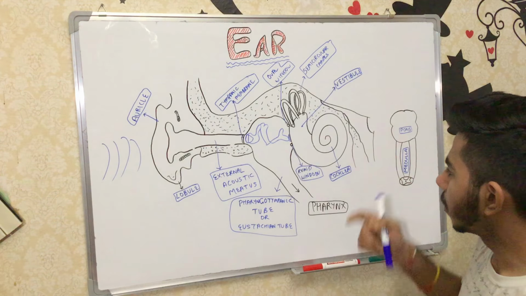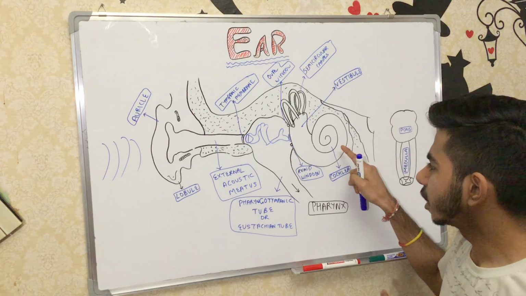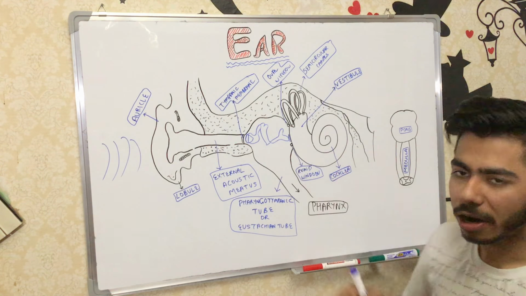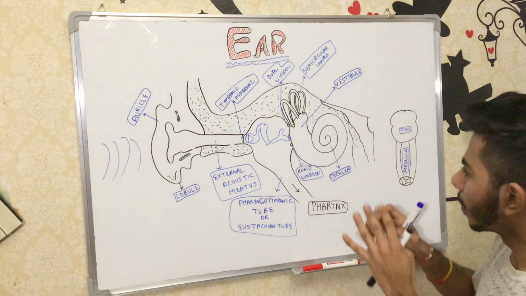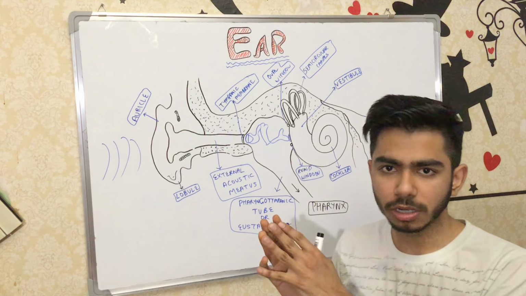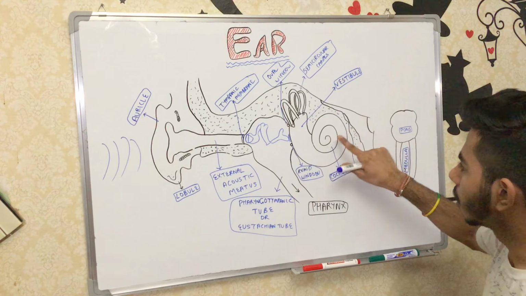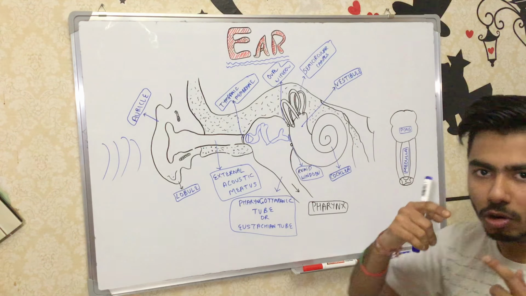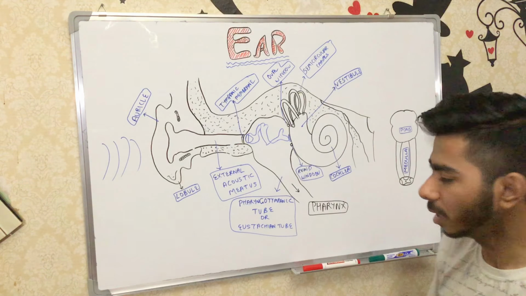What it will cause is that as these cochlear hair cells move, the nerves of the cochlea are stimulated. That is the eighth nerve, which is formed combinedly as the vestibulocochlear nerve. Mainly the nerve from the cochlea and the nerve from the vestibule together are called the vestibulocochlear nerve, also called the eighth nerve, cranial nerve number 8.